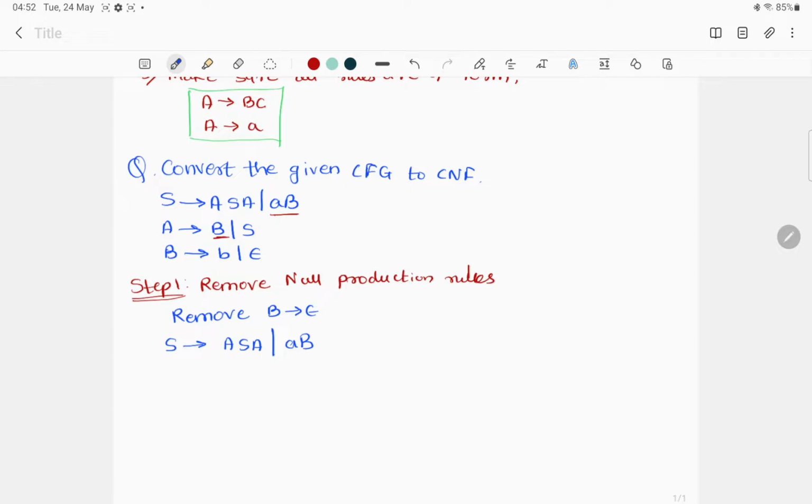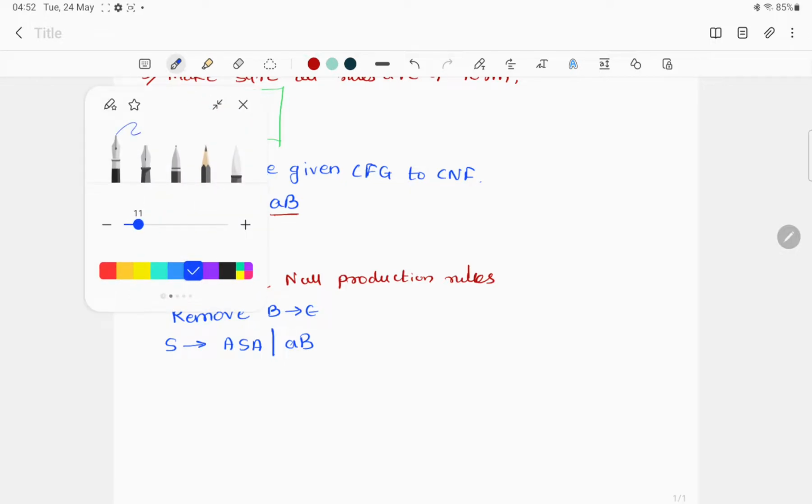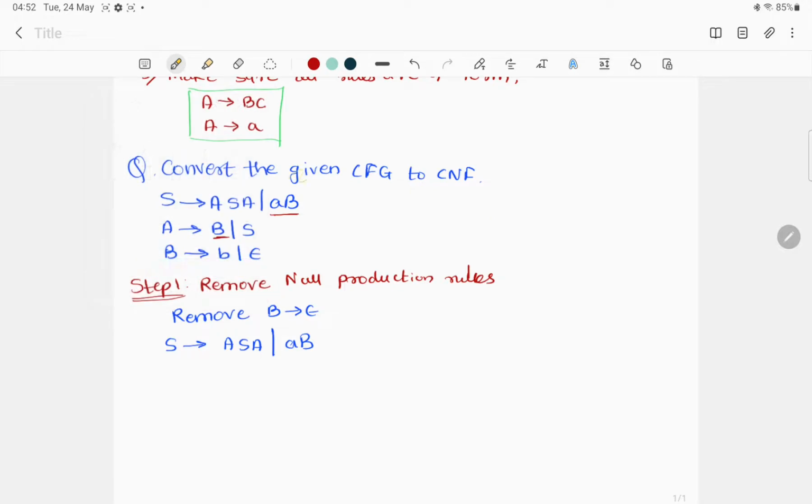Then I see this AB: what if in place of B I put the value of B as it is, or in place of B I put epsilon? Since B giving epsilon is a rule, we can sometimes consider it as capital B itself or sometimes as epsilon. If I consider it as capital B, I get this rule, and if I consider it as epsilon, I get the rule that is just A.